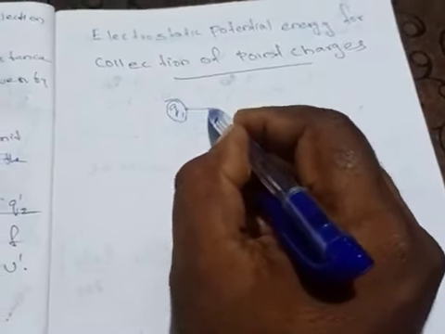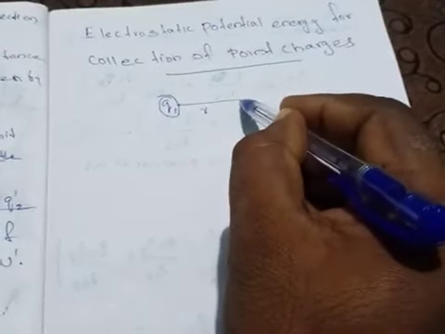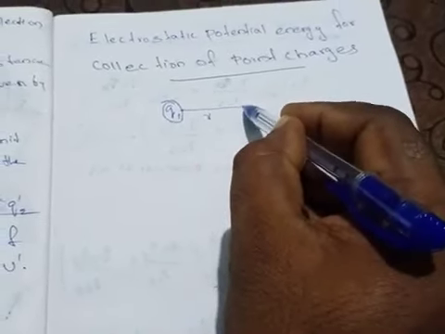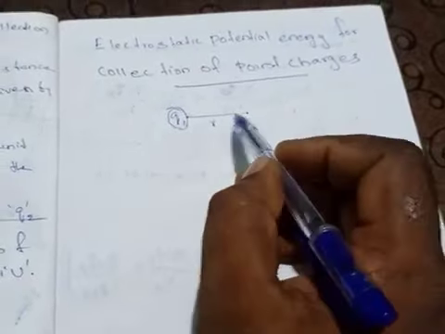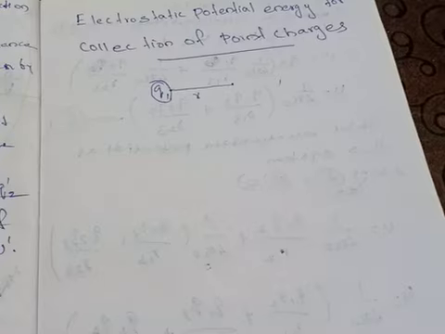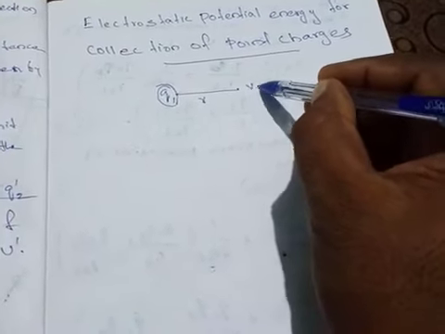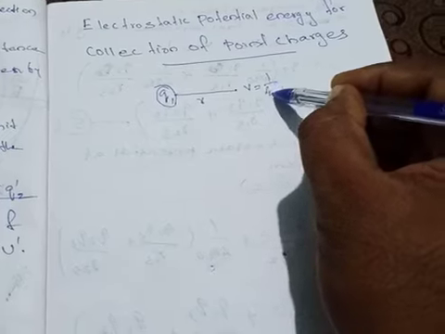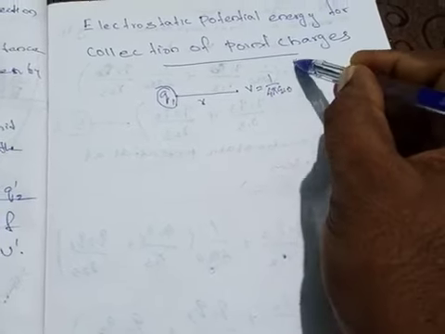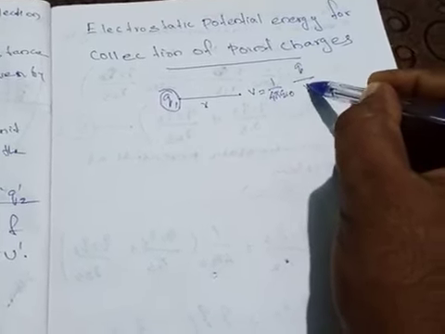Suppose this is a charge, and at a distance r, at this point, there will be an electrostatic potential. We know how much it is: V is equal to 1 by 4 pi epsilon 0 q by r.